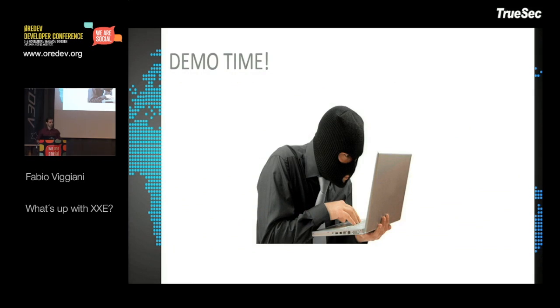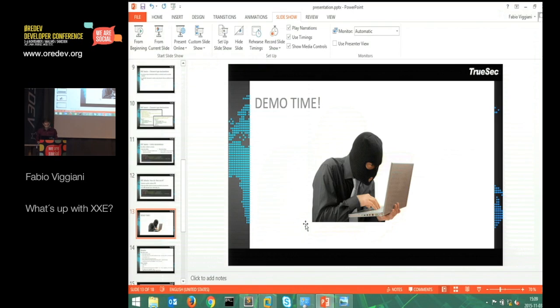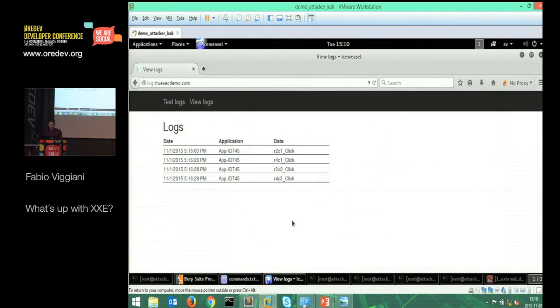So now, finally, demo time. Let's see. I have an application here, a very simple one, kind of useless too. But the idea is that the client is, at some point, using XML to talk to the server.